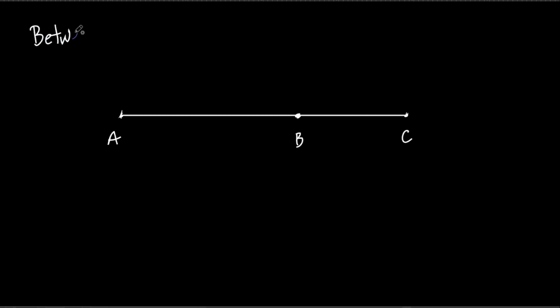It's pretty easy to understand. B is between A and C. If I say that B is between A and C, that means if I add up AB and I add it to BC, what's it going to equal? We just kind of went over this. AC. I wouldn't say ABC, I would just say AC.